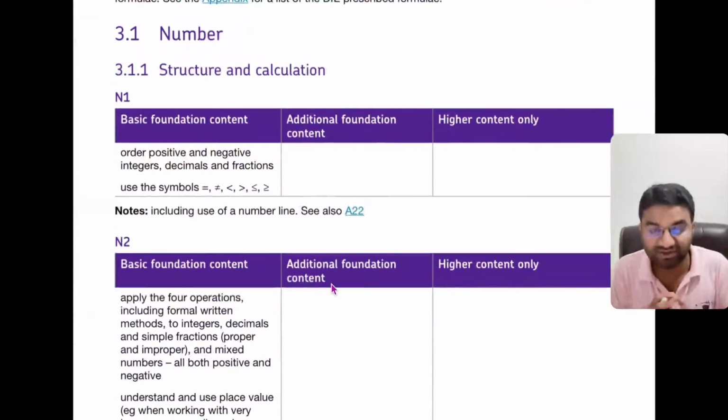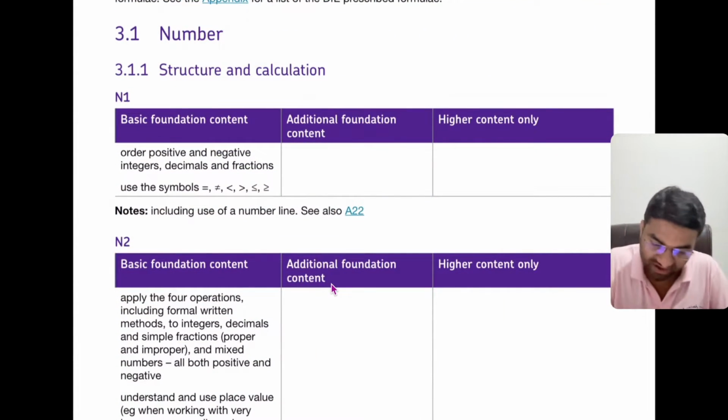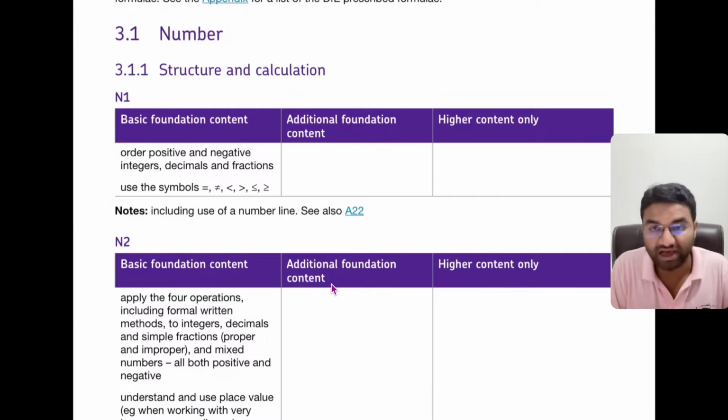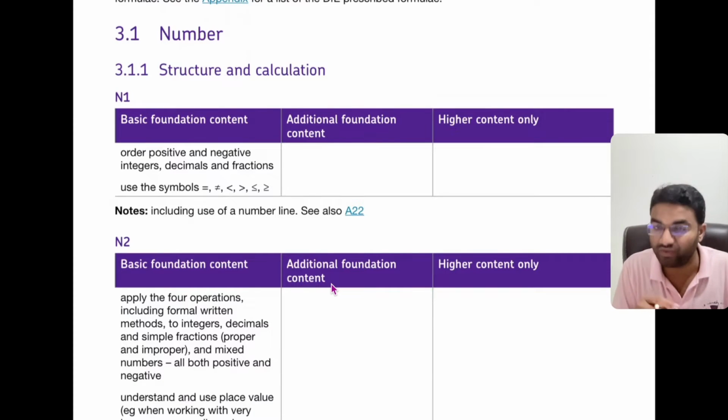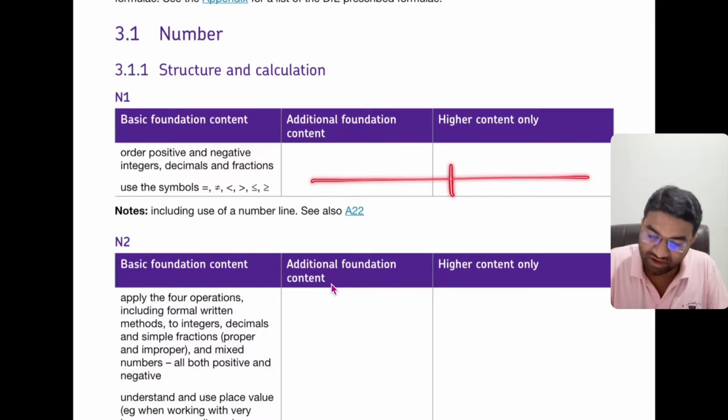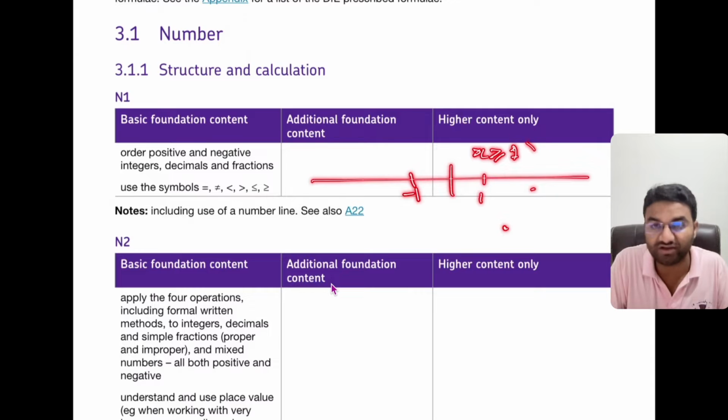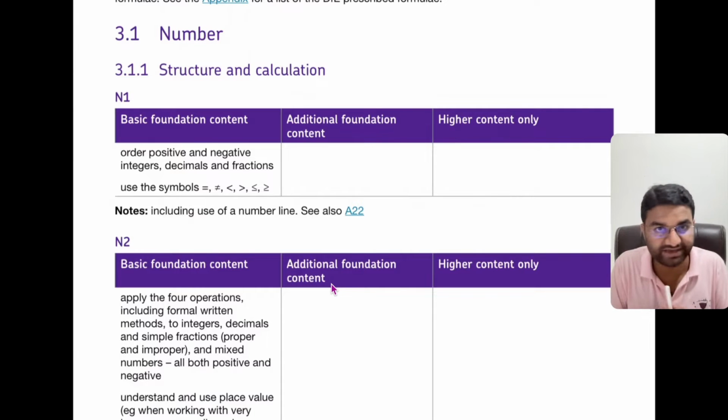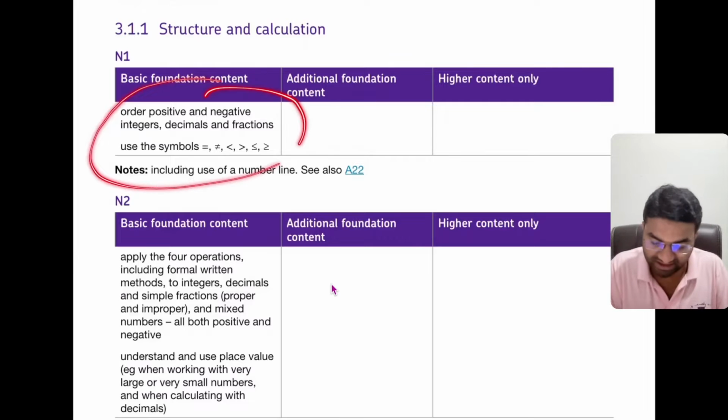Fine, so we'll start with number. What are the topics under number? Structure and calculation: here you have to learn and understand the signs greater than, equal to, not equal to, less than, and how we can utilize them and draw them on the number line. For example, x is greater than or equal to -1, and how we can represent that on the number line. So it's foundation content.